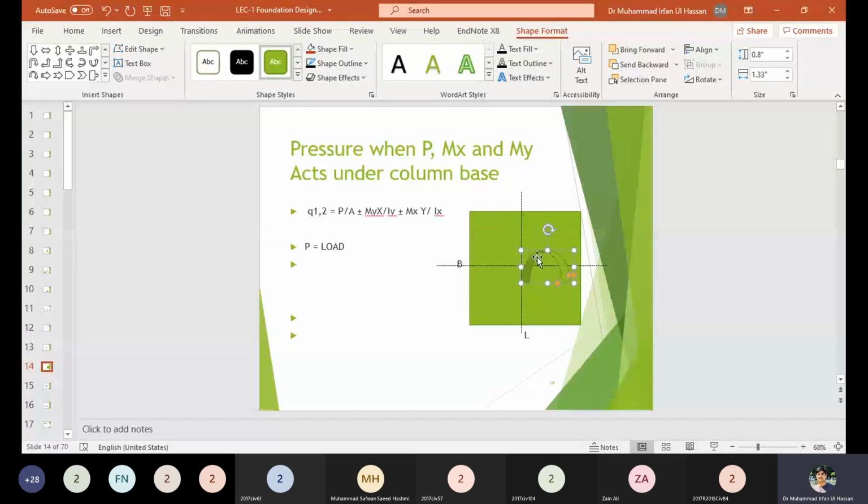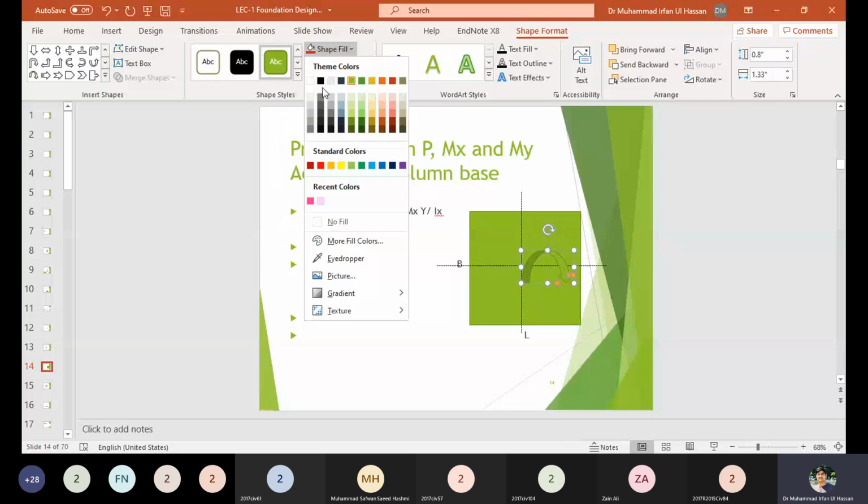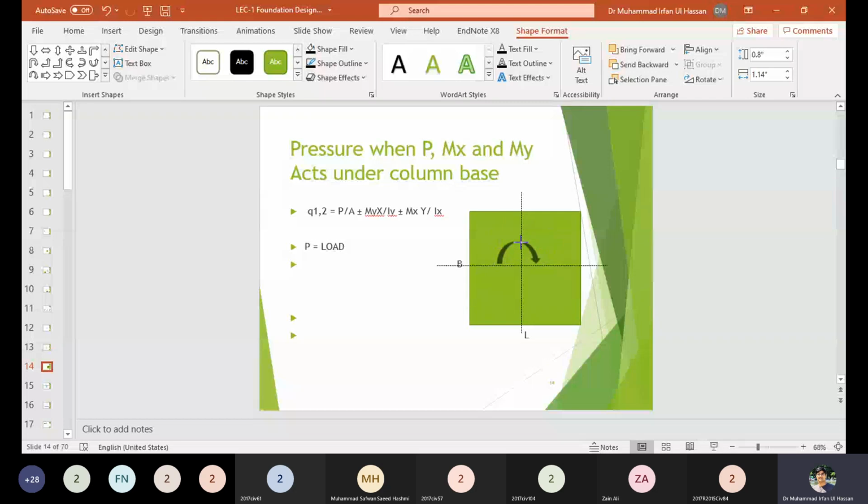Let's say Mx is acting in this direction, and My acts like this. Both moments have come, and the load is also acting.